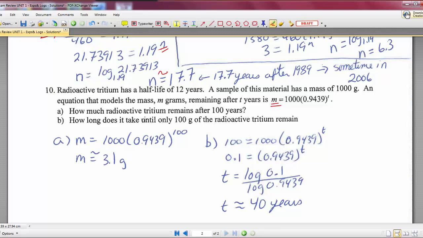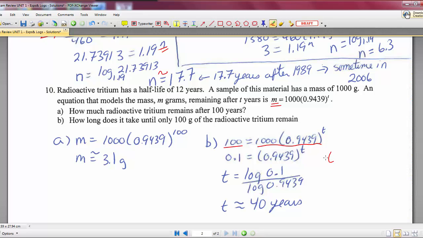The second question, how long does it take until we only have 100 grams left? So that becomes our mass now. The rest of the question, of course, is as it was. And as we did for several questions now in a row, divide through this number, so we get 0.1, take the logarithm.